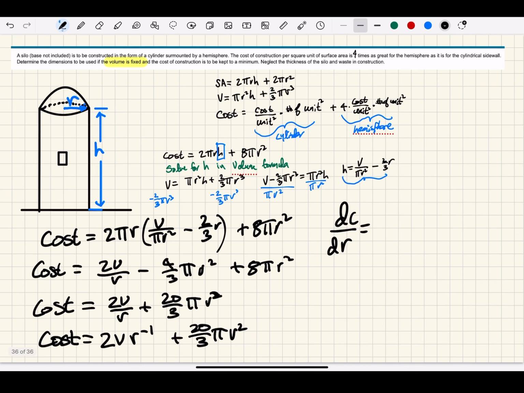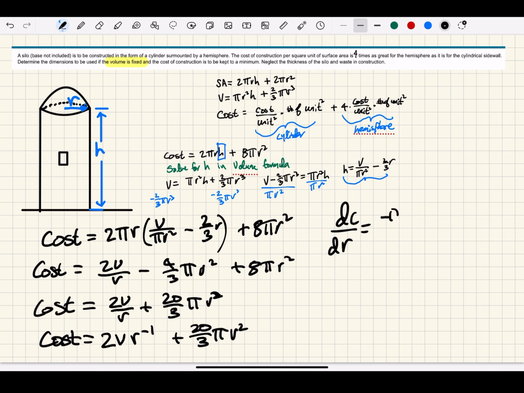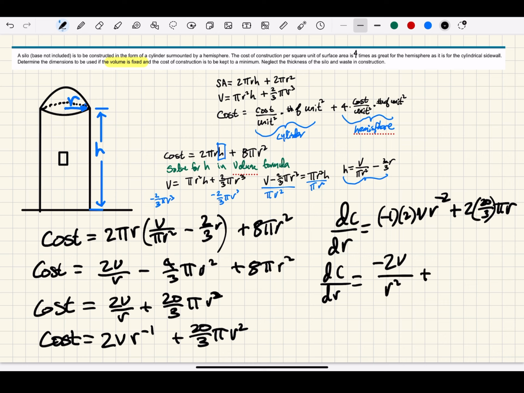So the derivative will be negative 1 times 2 times V times r raised to the negative 2, plus 2 times 20/3 times pi times r. Or in other words, dC/dr will be equal to negative 2V over r squared plus 40/3 pi r.